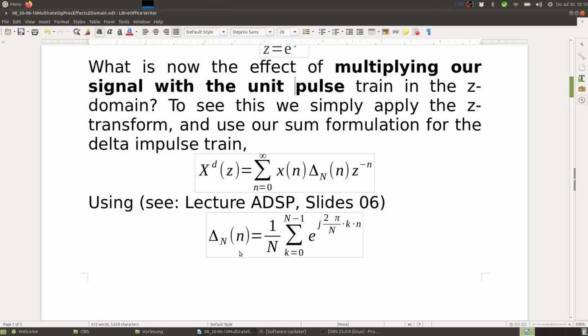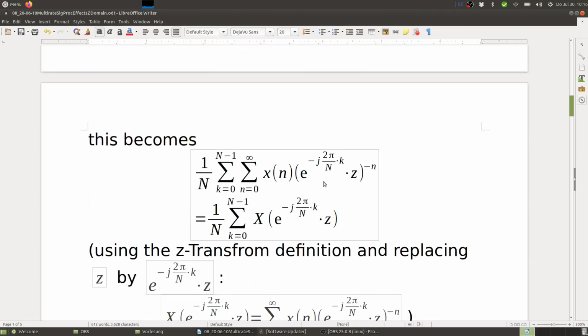So then we can just take this formulation using the sum of exponentials and plug it into the Z-transform formulation here. And we get a double sum, right? Here we have the sum from the unit pulse train, and this sum comes from the Z-transform. And here we can see we have our complex exponentials, here the z from the Z-transform.